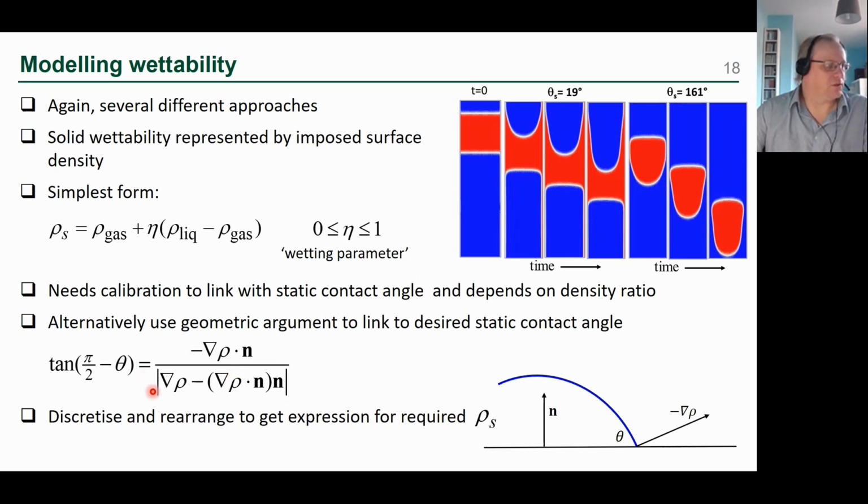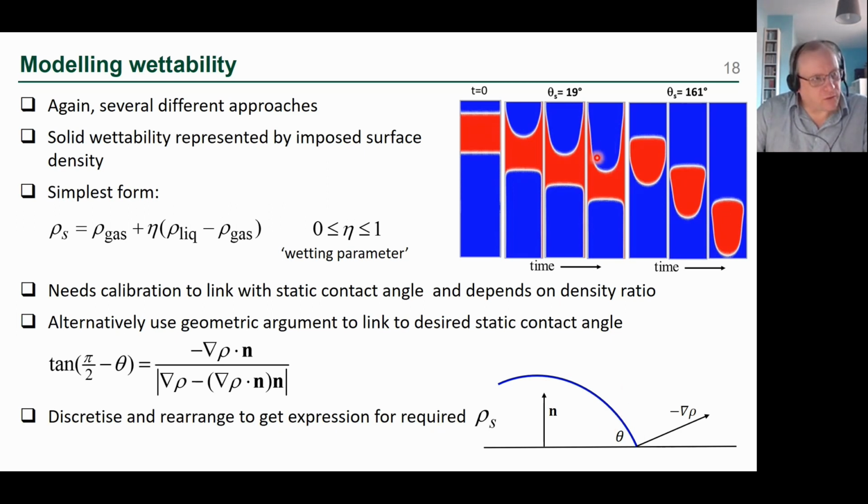Another way is to use a more geometric argument where you actually relate the gradient in the density. Because one thing I forgot to mention is that in this method, the interface, rather than being a sharp interface, is a diffuse interface. So it still changes quite rapidly from one phase to the other.